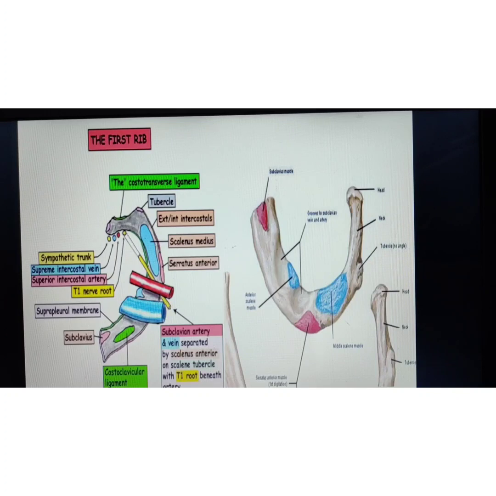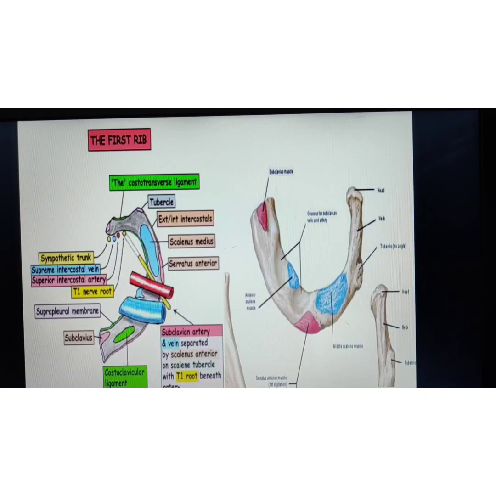Now, the anterior end of the upper surface of the first rib, near the costal cartilage, gives attachment to the subclavius muscle.